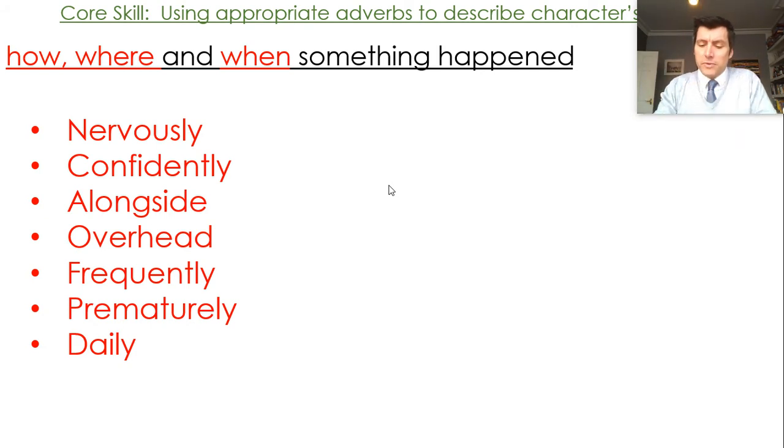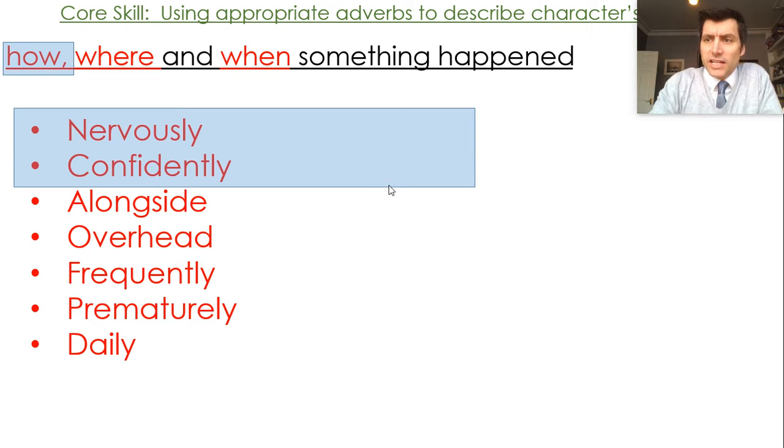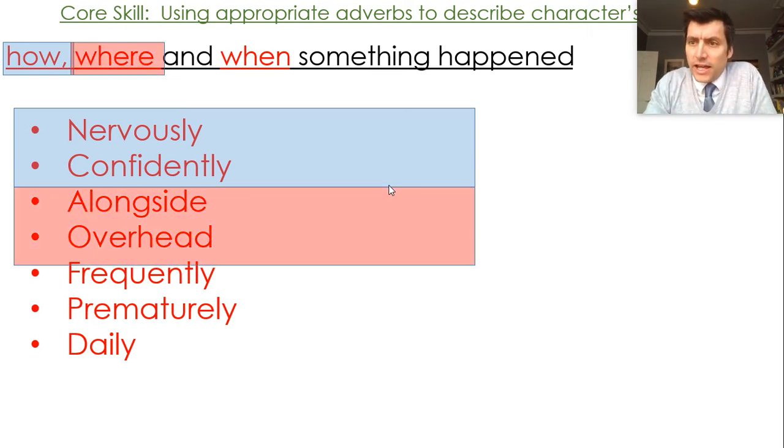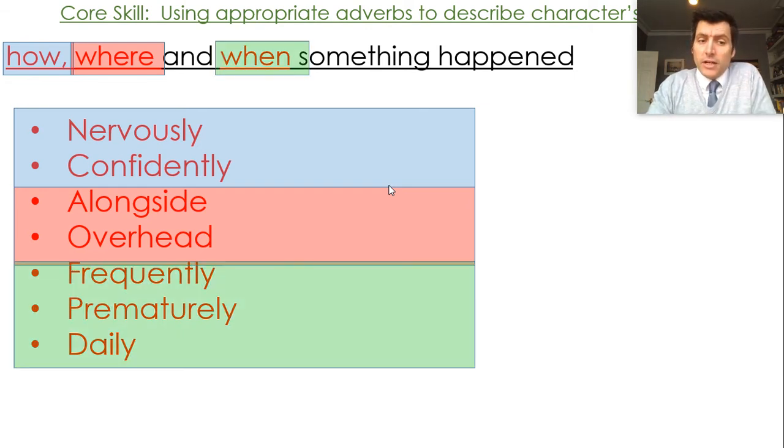So different prepositional ideas here. Frequently. So that chap who goes to watch the football frequently. Poor man. No goals there. Prematurely, so early, and daily. Then we can group those together. So we've got how, as those nervously and confidently ones. We've got where, so alongside and overhead. We've also got when, so how often something happens: frequently, prematurely, and daily.